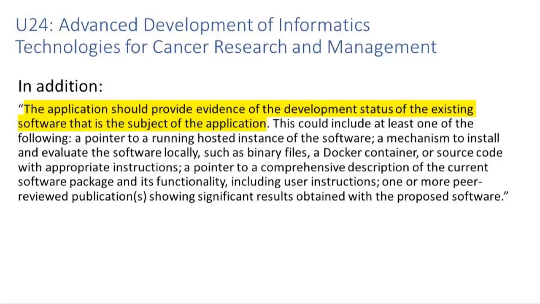And so examples of the development status include things like a pointer to a running hosted instance of the software, or a mechanism to install and evaluate the software locally, such as binary files, a Docker container, or source code with appropriate instructions, and so forth. So some sort of evidence of the development status of the existing software is required.